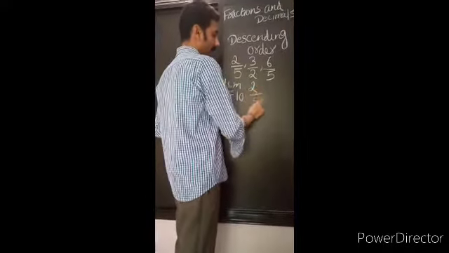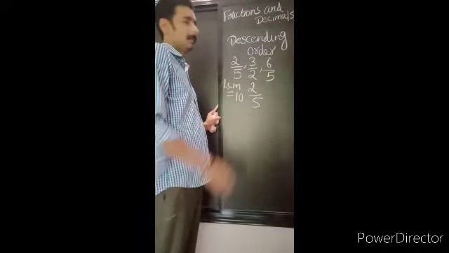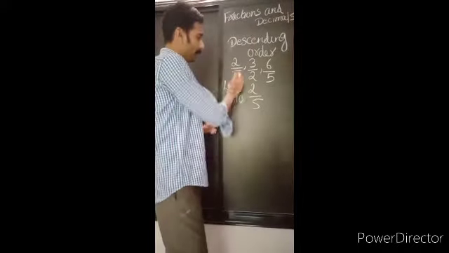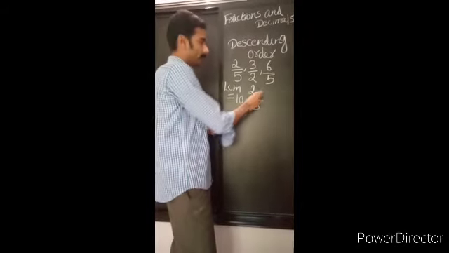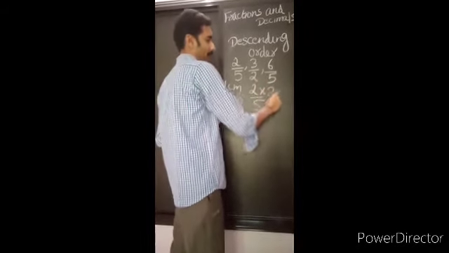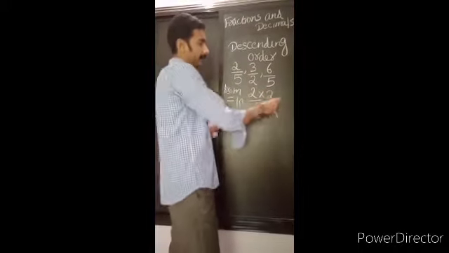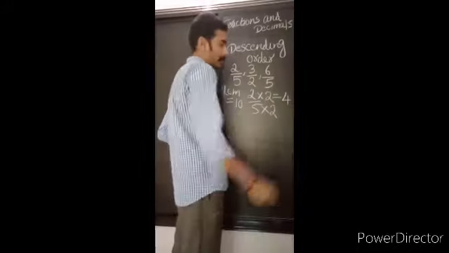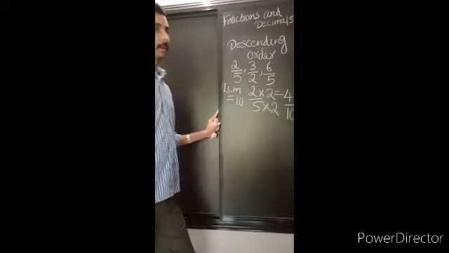Then we find 2 by 5, same as the above problem. 10 is the LCM. 10 divided by 5 is 2. 2 multiply numerator and denominator. 2 into 2, 4 by 10.